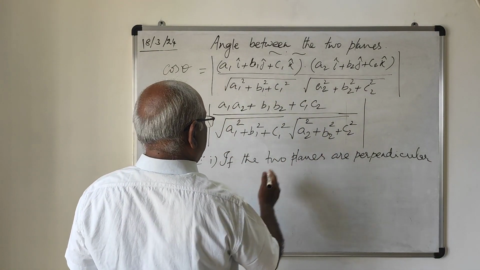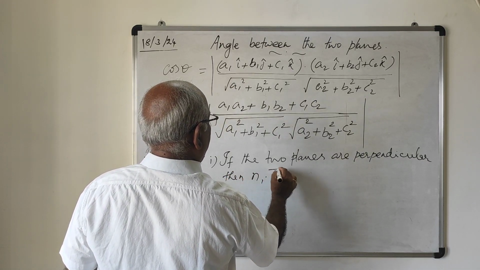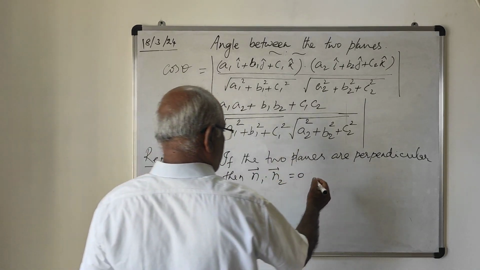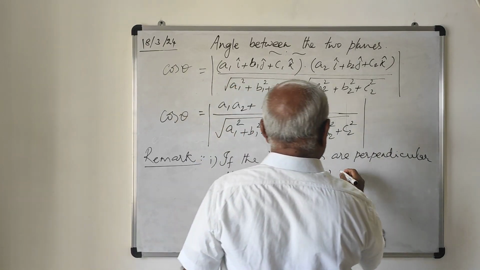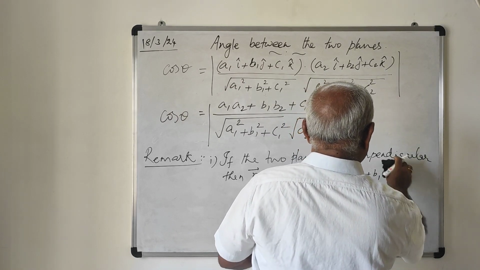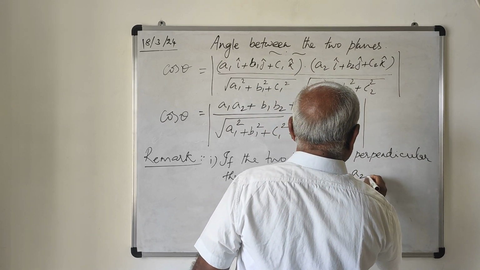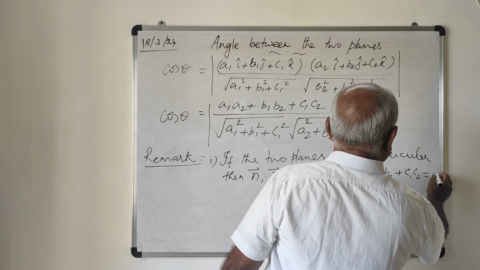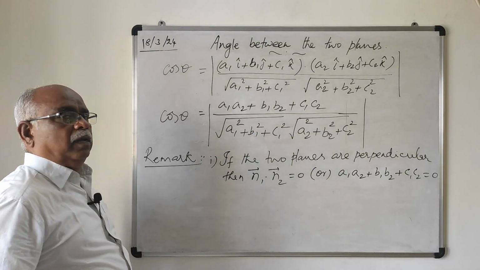Then we know that n1 dot n2 equals 0, or otherwise a1 a2 plus b1 b2 plus c1 c2 equals 0. This is the condition for the two planes to be perpendicular.